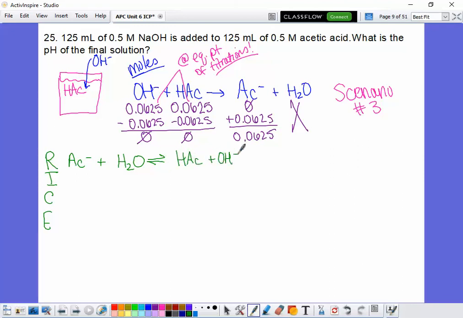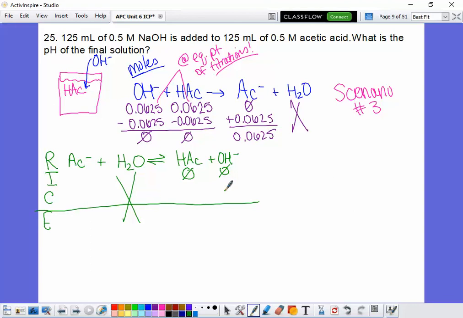HAC and OH minus. Okay, we don't care about water, just like we've never cared about water. The initial amounts of HAC and OH minus here are 0 because we're going back to equilibrium from the AC minus in water. What value do I put as my initial for AC minus?